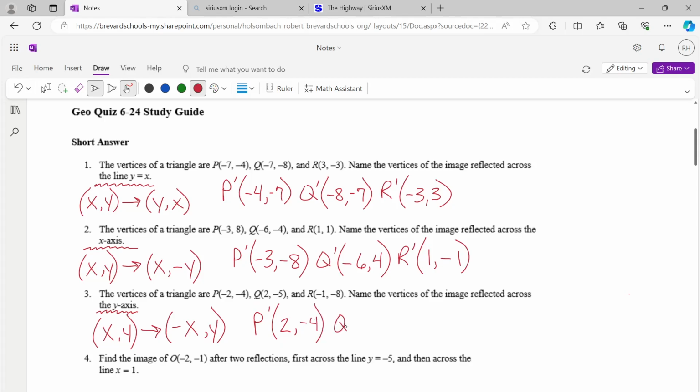Q prime will be located at, the opposite of 2 is -2, and keep the y the same. R prime, opposite of x. So the opposite of -1 is 1, and keep the y the same.